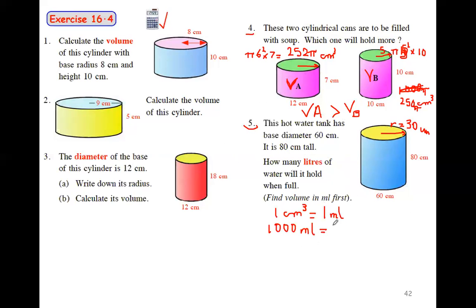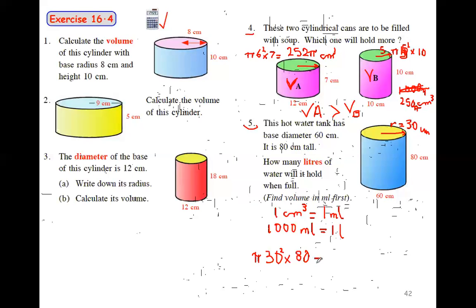So once you've got these two, now you can calculate the volume of this hot water tank in centimeter cube, and then change it into milliliters first and then to liters. So find volume in milliliters first. They've even given us that. So we would do pi r squared times 80. So pi times 30 squared. You can use a calculator on this one, it tells us on the top left here. Times 80.